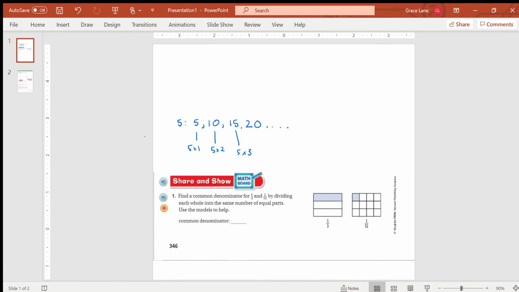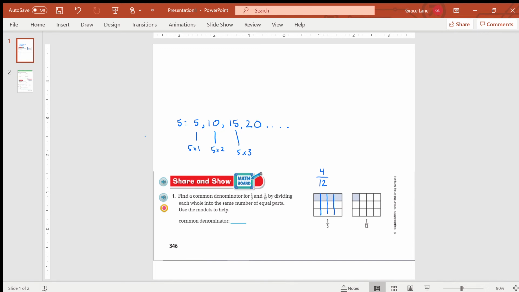I don't know if you can see this right away, but 1/3, that box can actually, if you draw lines on it, be split up so that it also has 12 pieces. And now when it has 12 pieces, instead of 1/3 being colored in, there's 4 out of 12 colored in.